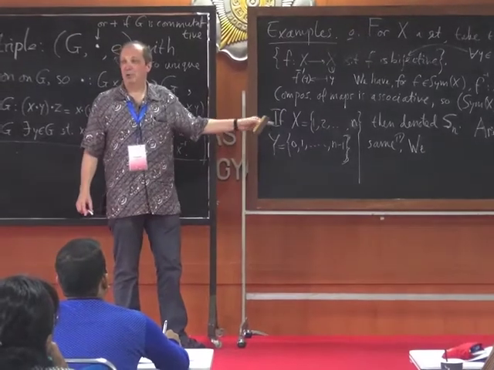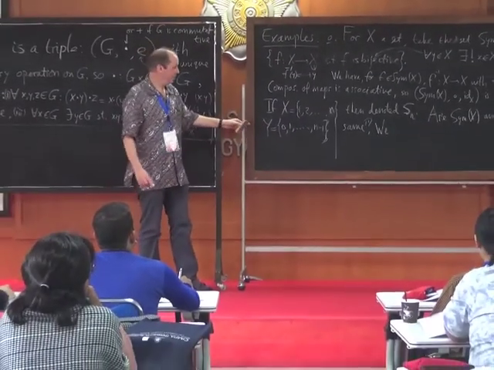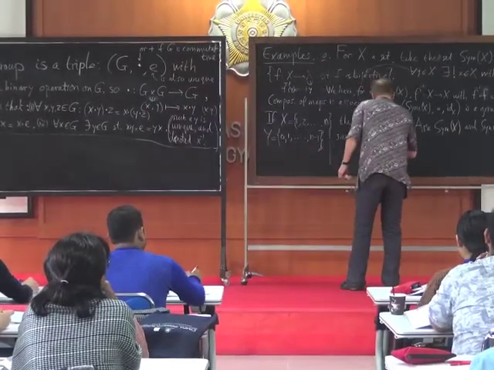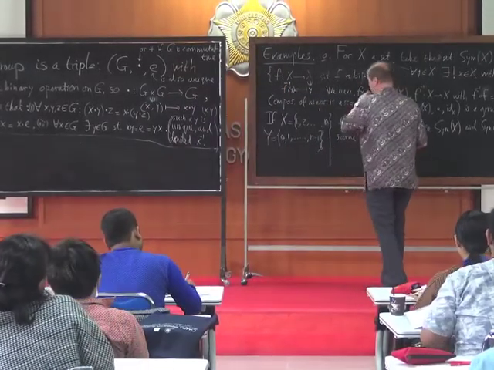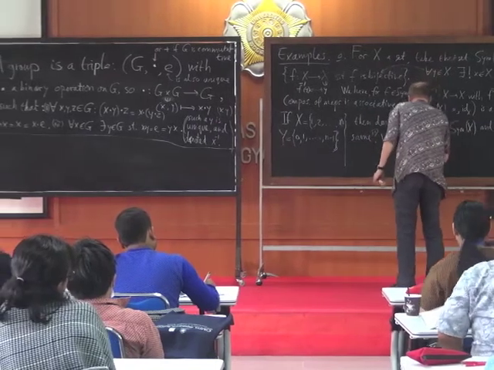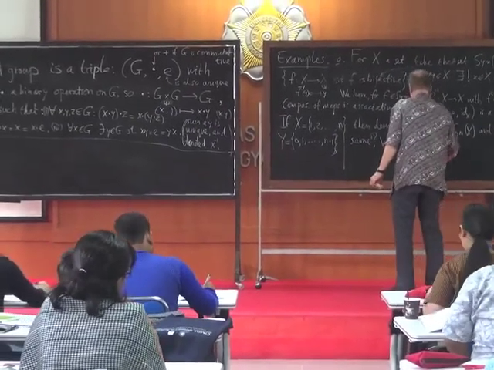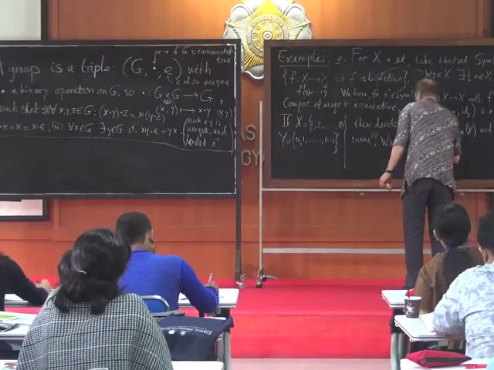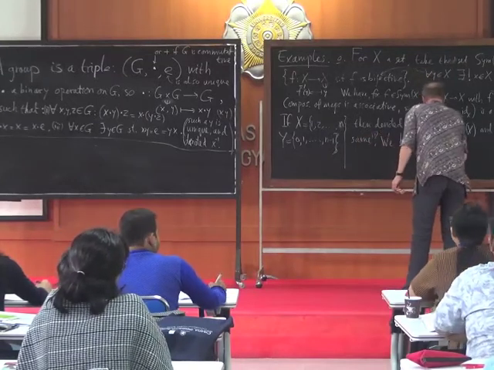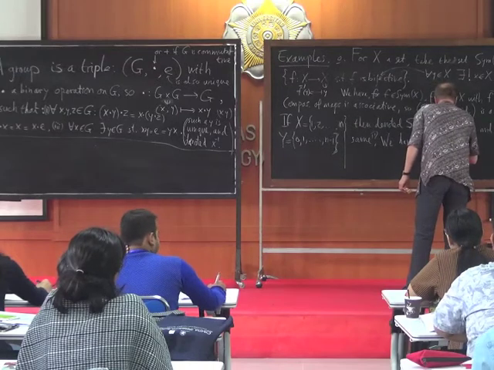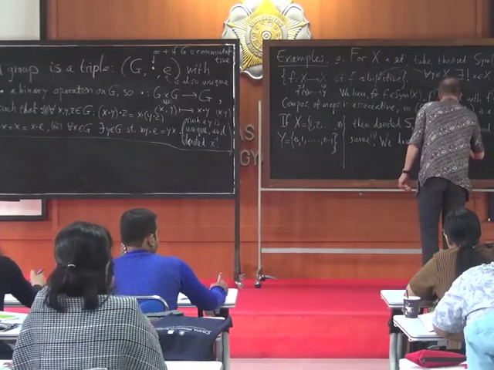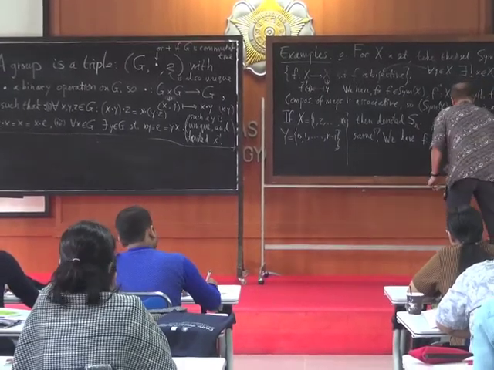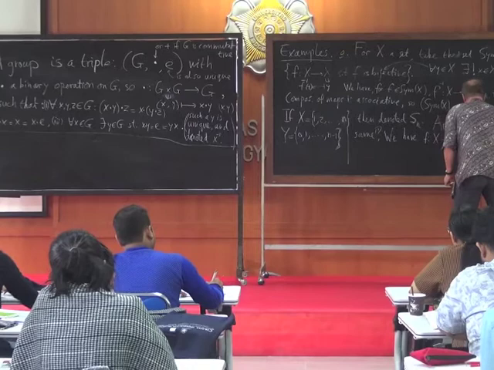They have the same number of elements, and actually it is very easy to choose a bijection. We have f from X to Y, sending an element little x to x minus 1.